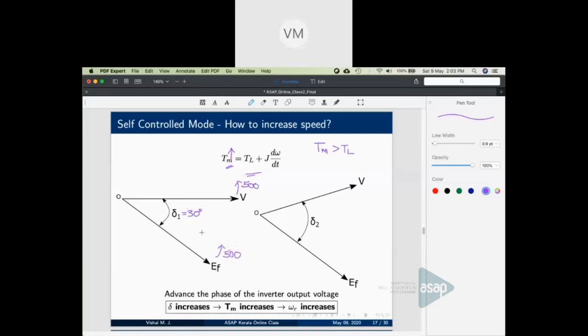What am I supposed to do? Increasing delta directly, increasing frequency to increase the speed is not possible, because the speed of the rotor dictates the speed of the RMF. So in which other manner can we do it? That's what we see. What is this voltage V? This voltage V is impressed by the inverter connected to the synchronous motor.